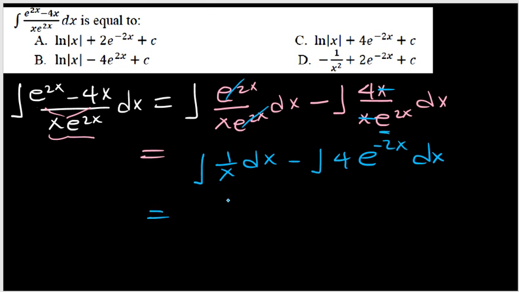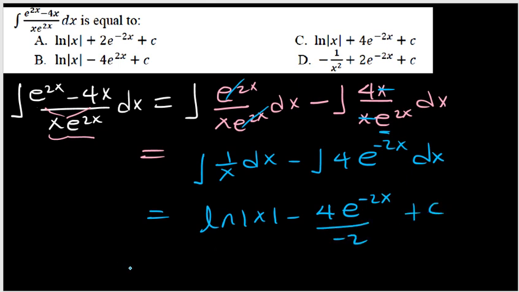And obviously the integral of 1 over x will be ln x minus 4 e to the power of negative 2x integral will be 4 e to the power of negative 2x, but over negative 2, plus c. So when you finalize, it will be ln of x plus, negative negative will cancel, 2e to the negative 2x plus c. So the answer will obviously be a.